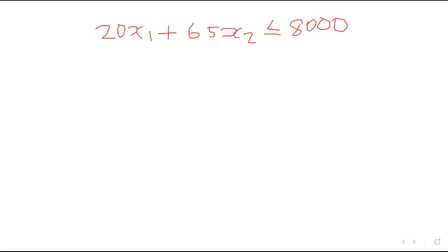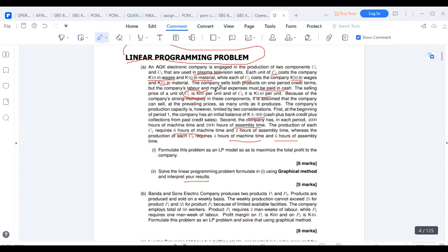So the way the 8,000 is coming is from this one, where it says the company sells both products on one period credit terms, but the company labor and material expense must be paid in cash. So labor and material expense must be paid in cash.